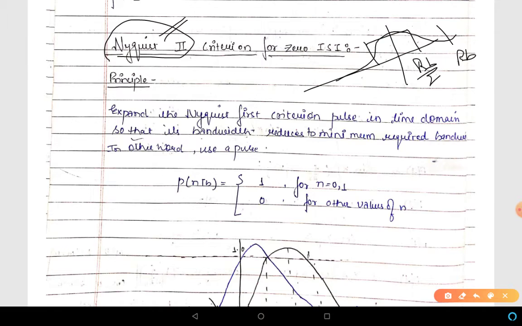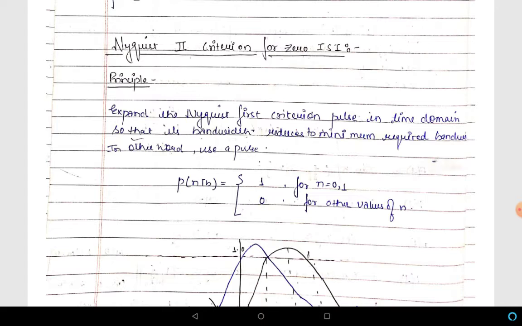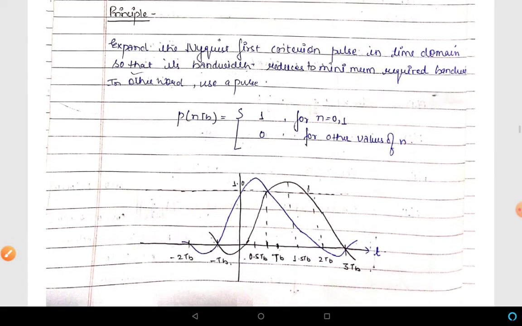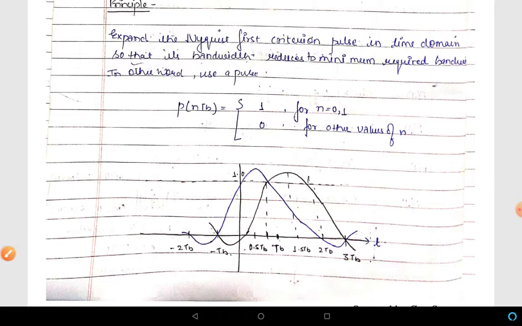We will see. Now the question is how to revert back that increase in bandwidth. The increase in bandwidth can be reverted by expanding the pulse in the time domain. As we know the rule, expansion in time domain causes compression in frequency domain, or expansion in frequency domain causes compression in time domain.